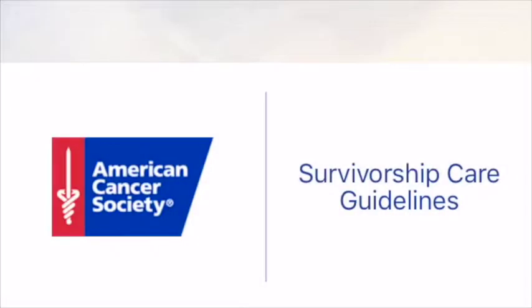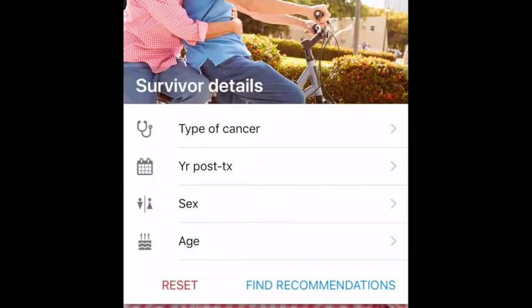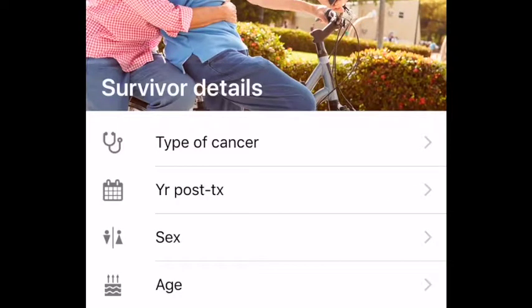The American Cancer Society has created a survivorship care plan mobile app titled American Cancer Society Health and Fitness. This app includes the American Cancer Society Survivorship Care Guidelines for 4 types of cancer: breast, colorectal, head and neck, and prostate. The user is able to select the patient's cancer, years post-treatment, sex, and age.